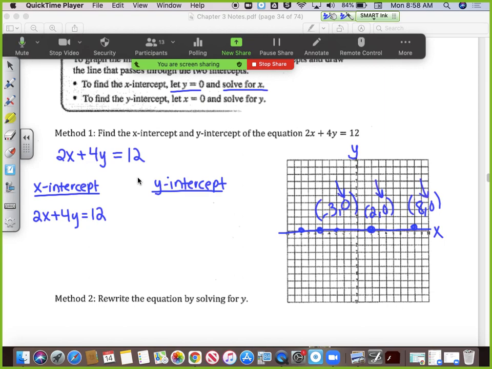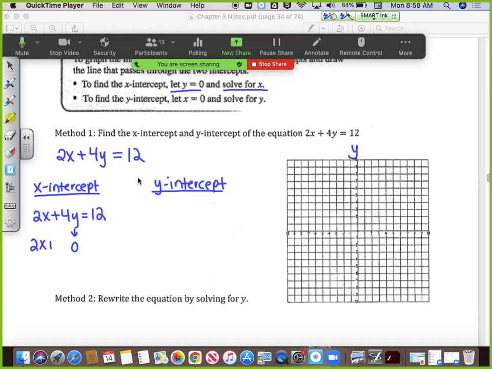That's because when you are on the x-axis, you don't move up or down, so that second point in the ordered pair is a 0. So when we're trying to find the x-intercept, we take the equation and replace y with 0, and we solve.